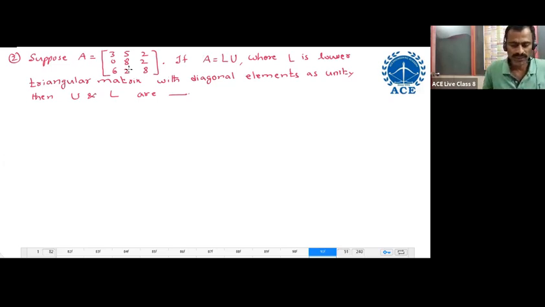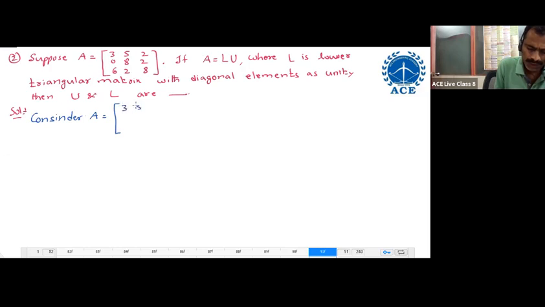Okay, let us find the first U matrix. Consider A equal to 3, 5, 2, 0, 8, 2, 6, 2, 8, which implies we reduce the matrix into upper triangular matrix.